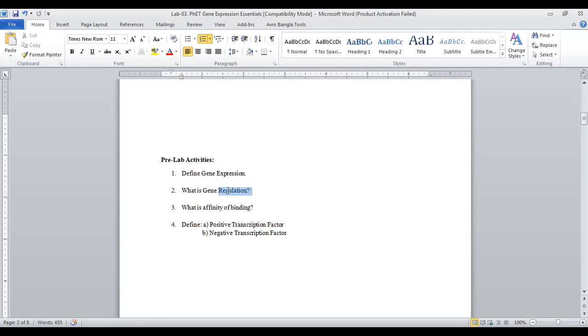So that is regulation. Regulation can be done by particular gene material or genetic sequences or different factors. Factors are usually proteins. They might be different chemicals.